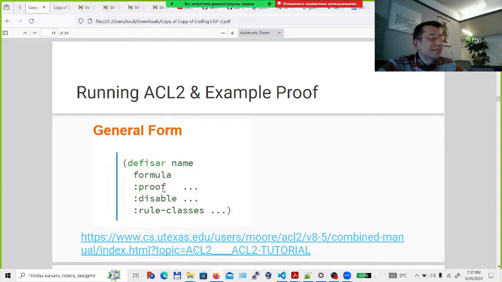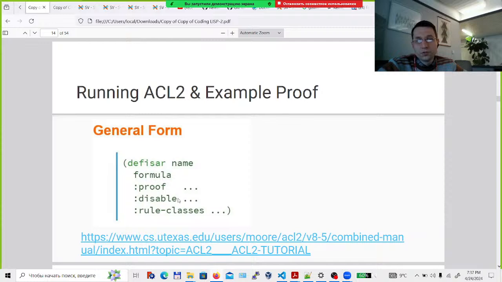Then you have to formulate a proof. Proof is always a list in Lisp. Because ACL2 is a Common Lisp subset, you have to write your proof via Lisp syntax. Proof is a list, and then you have to do some disables. You just know that something is not going to happen here inside this proof.